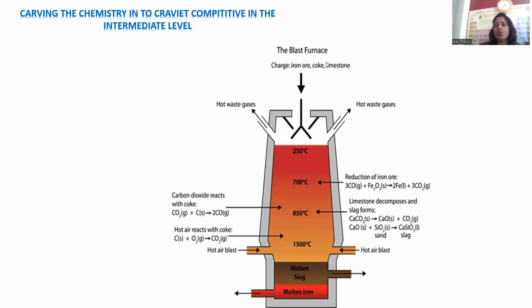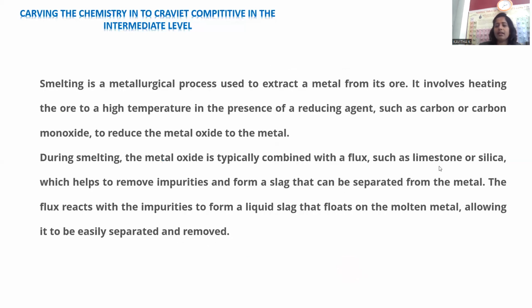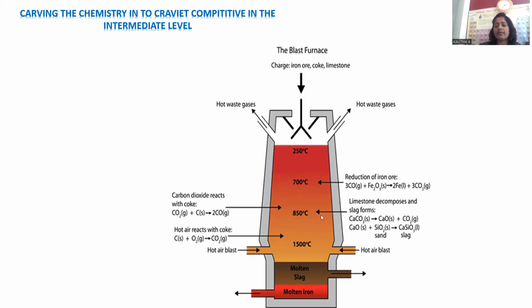Coke is taken as a fuel over here. Limestone is important as the slag-forming agent, to remove the impurities in the form of slag, right? That is floating matter. That floating matter will be deposited at the topmost layer, and the molten iron metal of pure form can be collected at the bottom, right?